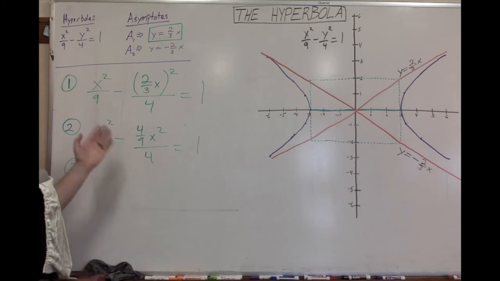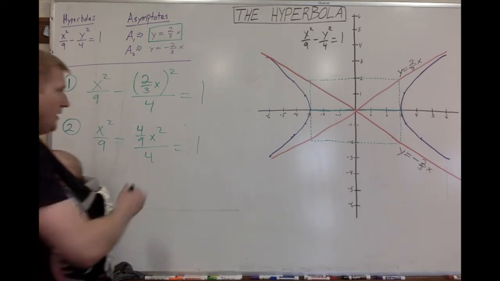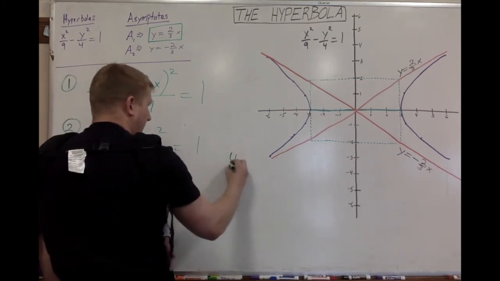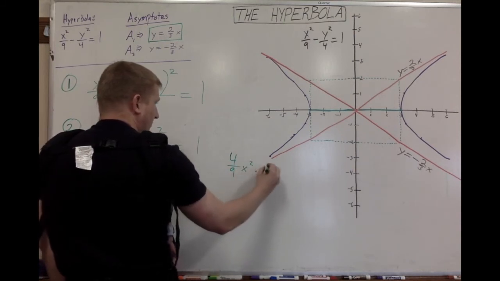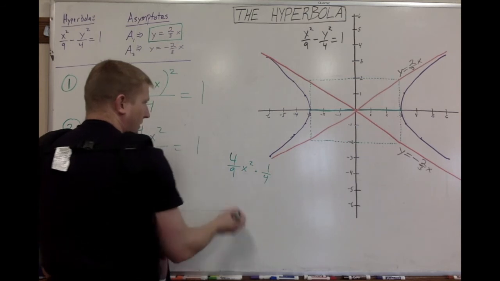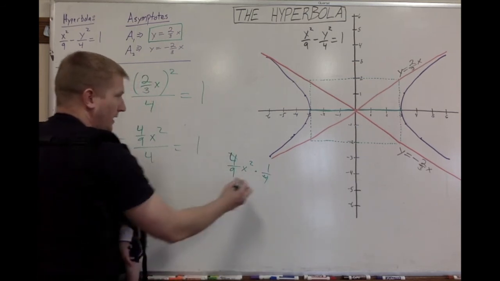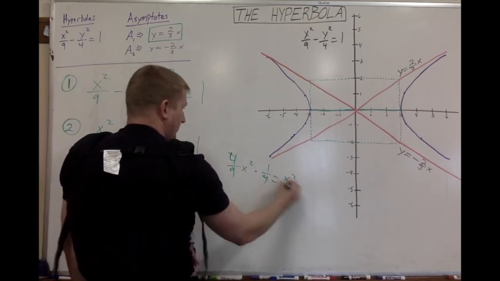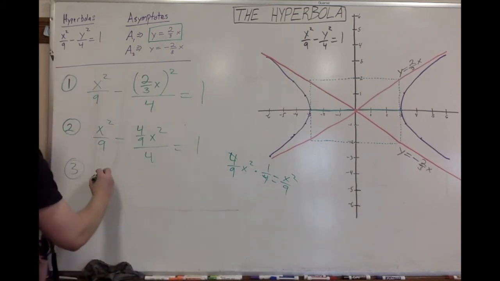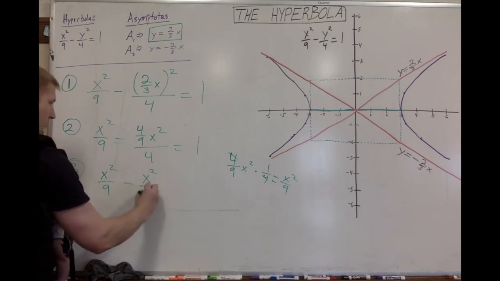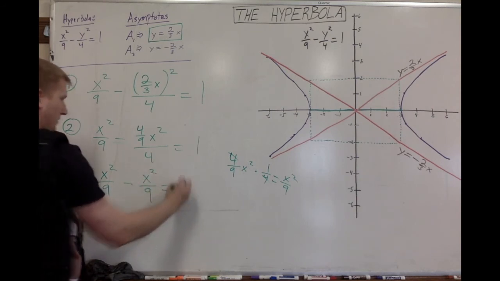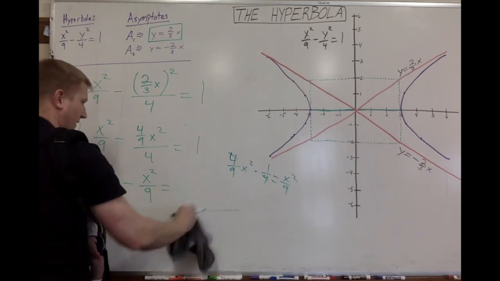That's the same thing as everything times 1/4. 4/9 x squared times 1/4. Those 4s are going to cancel out. We're going to end up with just x squared over 9. All right, so we get x squared over 9 minus x squared over 9, that's still equal to 1.